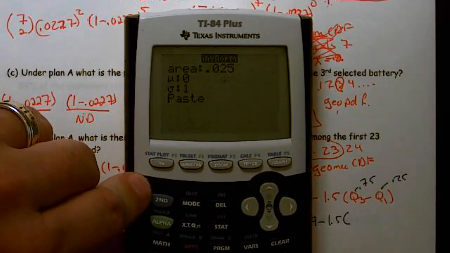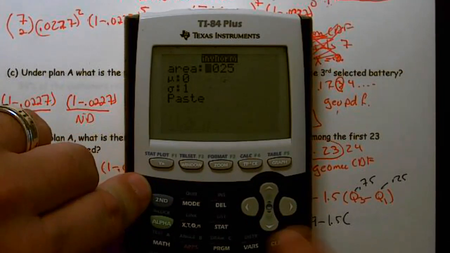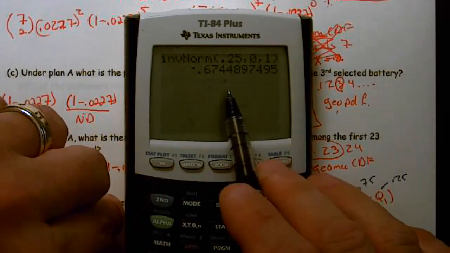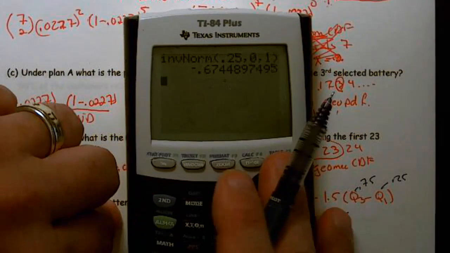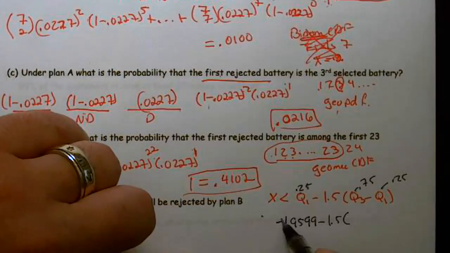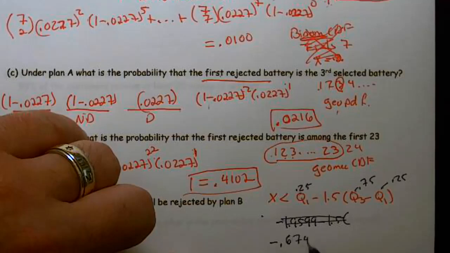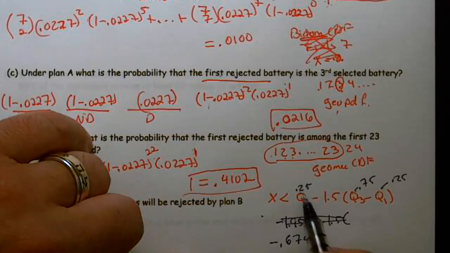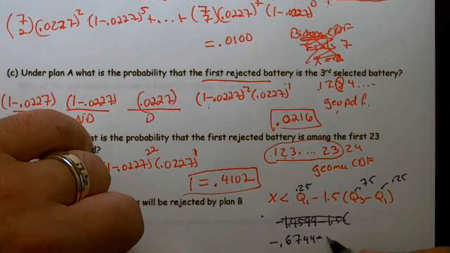You know what? I have a problem here. I got to go back and fix this. 0.25. I had 0.025. Okay, that's better. Negative 0.6744. So this should be negative 0.6744. That's the z-score for 0.25, minus 1.5.